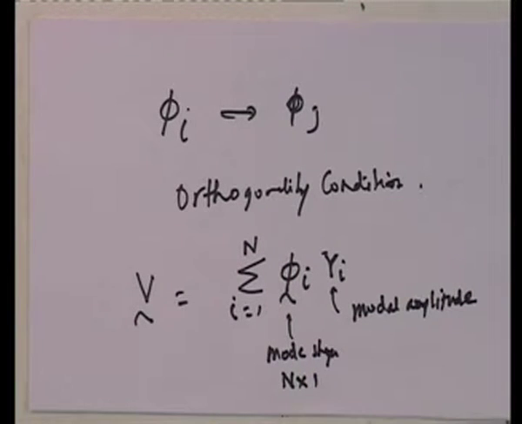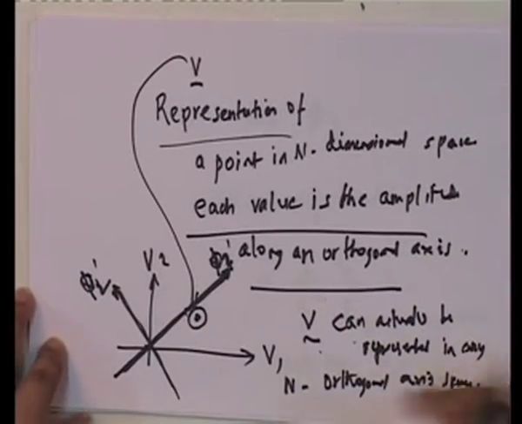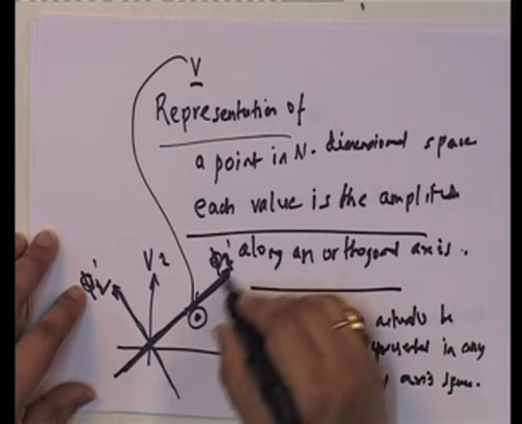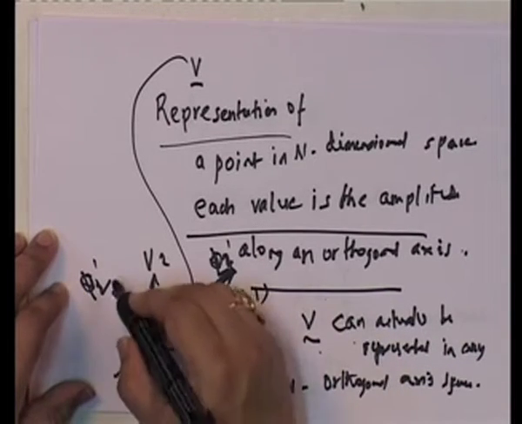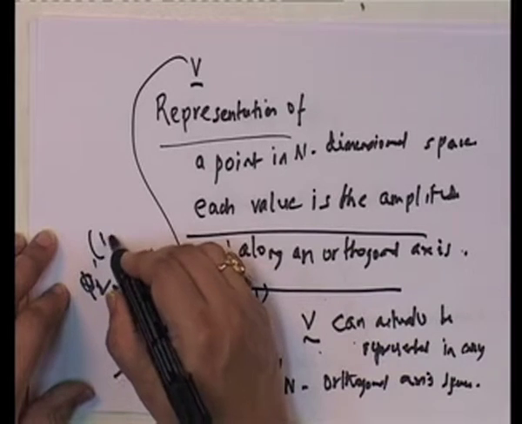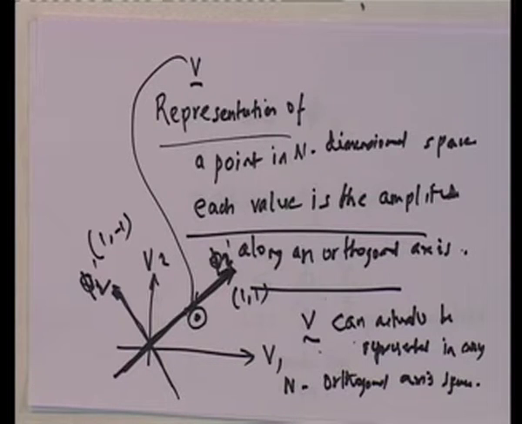So, what I have done is, if you look at it, what does this line represent? Let us say the 1 1 line, and this represents the 1 minus 1 line. Okay? Now, remember the problem that we solved earlier? Did you remember that we got V 1 and V 2?